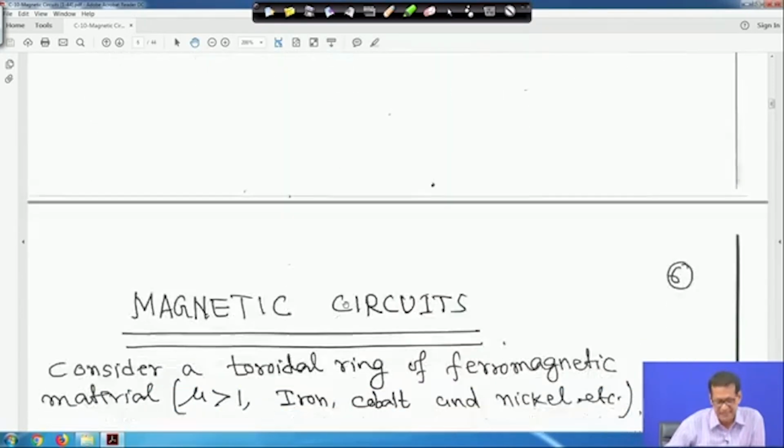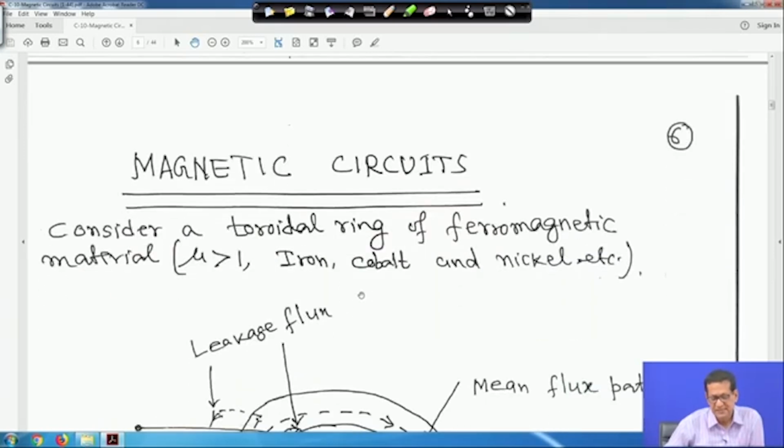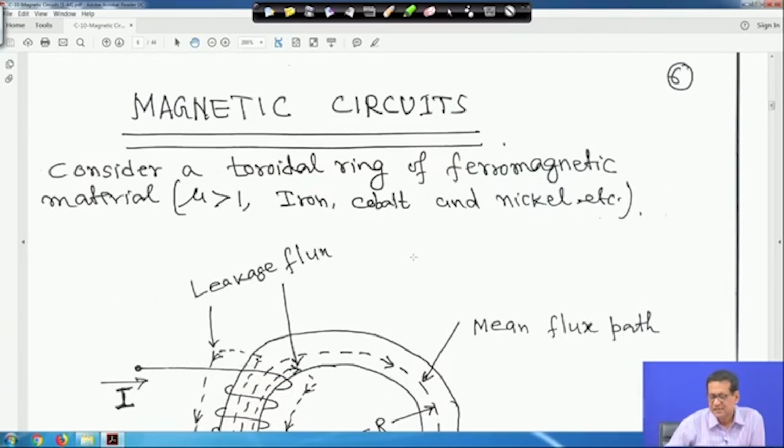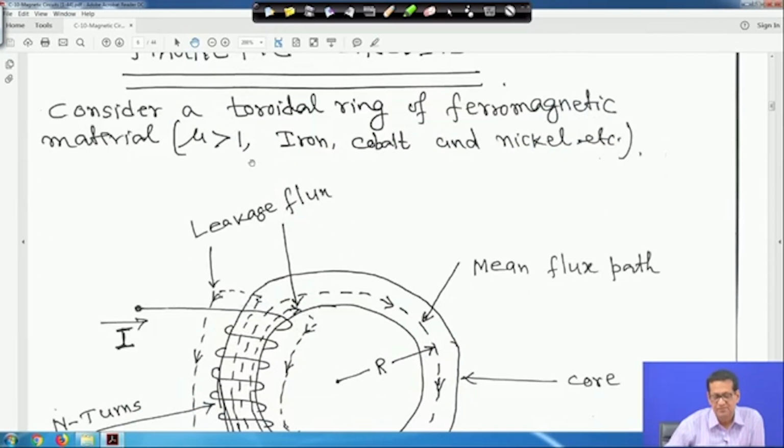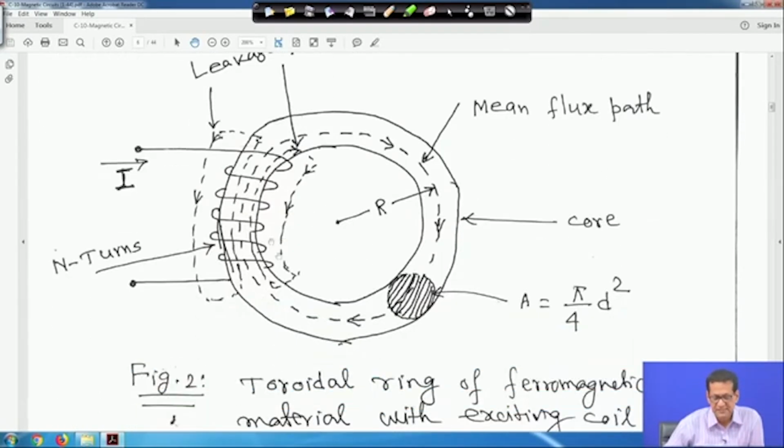Now, magnetic circuits. Let us consider a toroidal ring of ferromagnetic material where mu is greater than 1. It may be iron, cobalt, nickel, etc. So, it is a toroidal ring, a circular ring. What we will do is take the mean flux path, the mean distance.